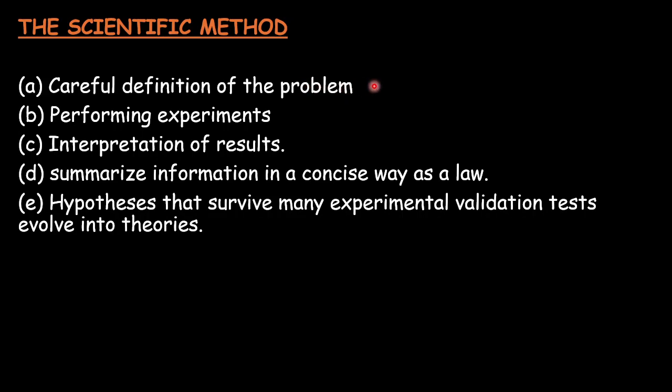Once you state that question and you understand it, the next thing that you're going to do is come up with what we are calling a hypothesis. A hypothesis is basically you trying to come up with a solution or a suggestion on how you can clean water. So an example would be, you can clean water and make it safe to drink if you boil it.